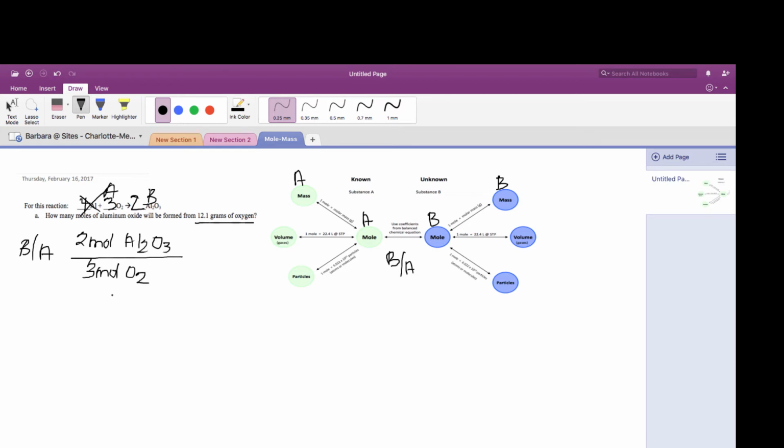Now we've identified our given and our unknown, and we have written the mole ratio that we will use later to finish the problem.